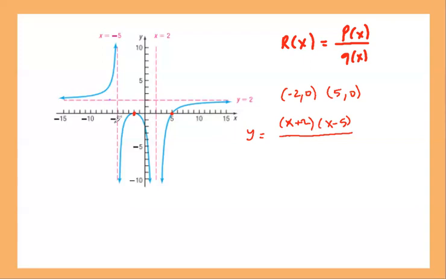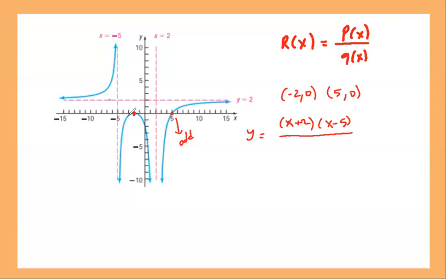But we need to be careful because in some cases, like here at 5, the graph crosses the x-axis from one region to the other, from negative to positive or positive to negative. If that's the case, this binomial should have an odd multiplicity.